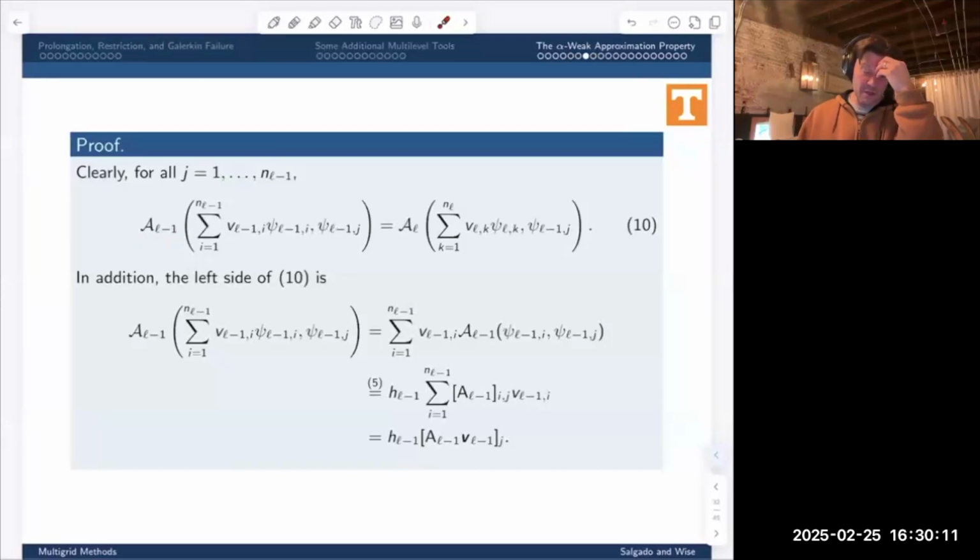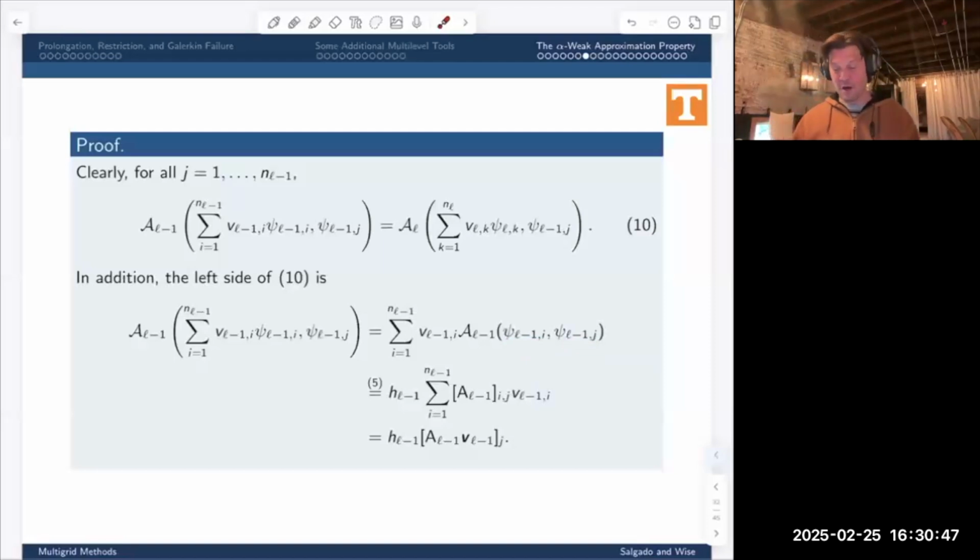Now let's do a little bit of work on the left-hand side of 10. Well, we know that the inner product in 10 is linear, so we can pull out some objects. The sum comes outside, and so we just get the sum over i from 1 to NL minus 1 of VLi, those coordinates. Now we just have AL minus 1 involving two basis functions from level L minus 1.